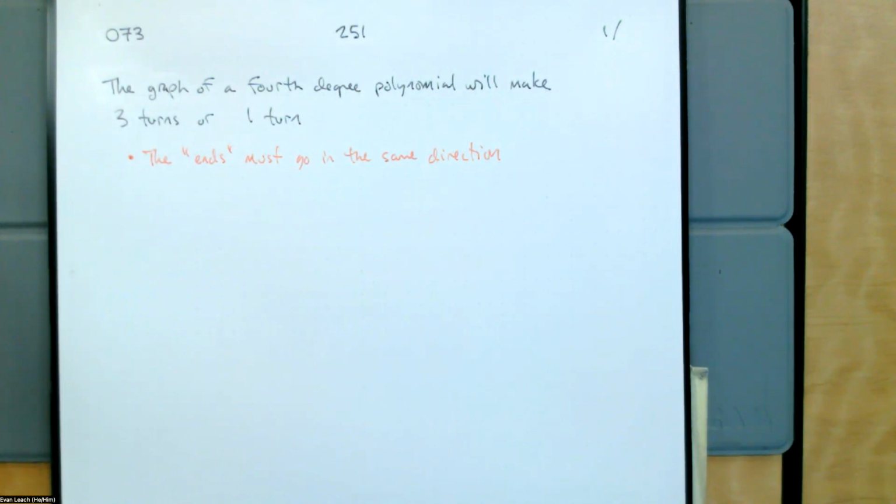We want to think about this in terms of critical points, because we're in calculus now, so we know more stuff. We know that the turns are going to show up as critical points.